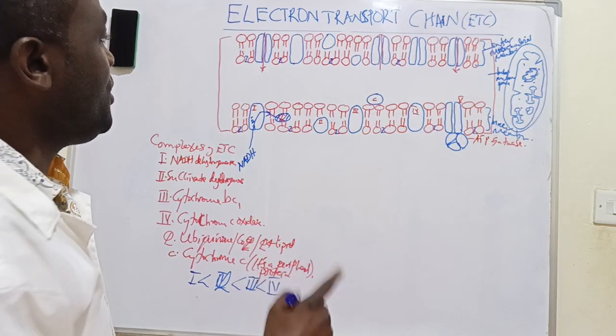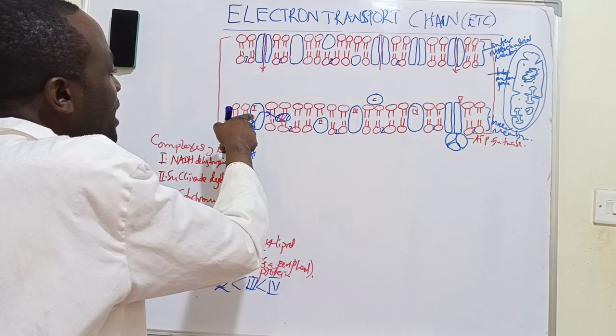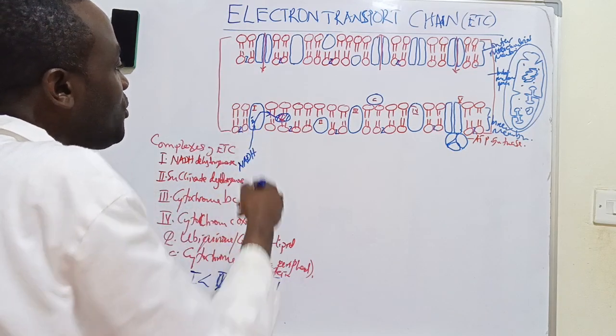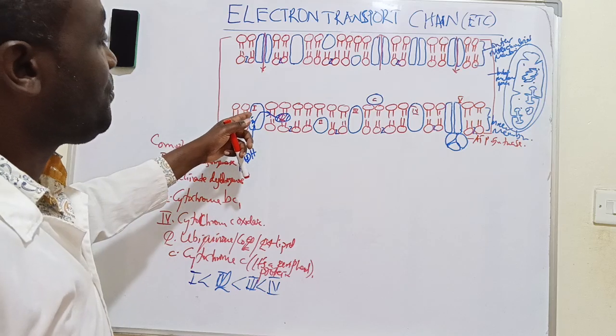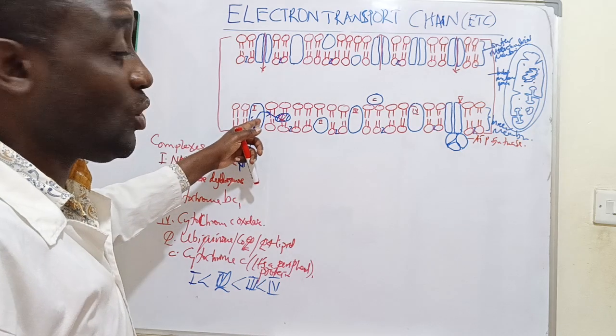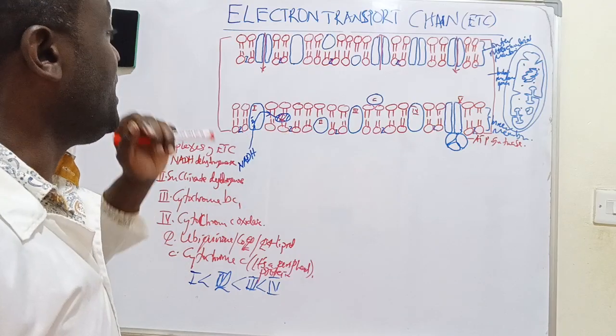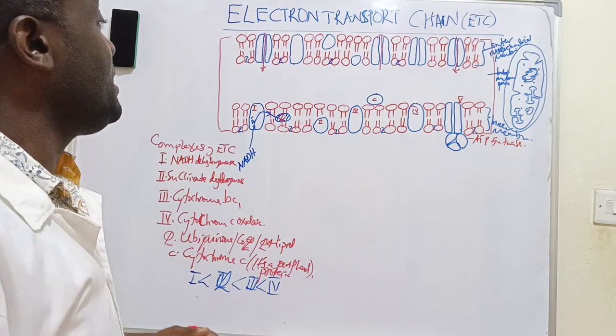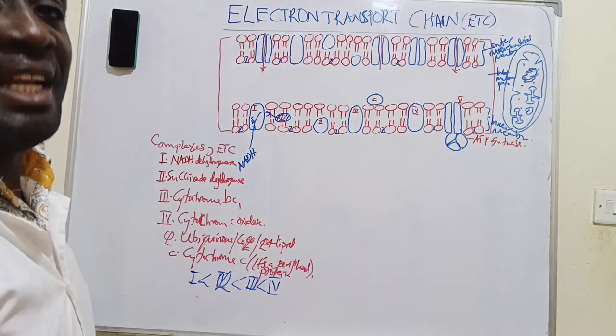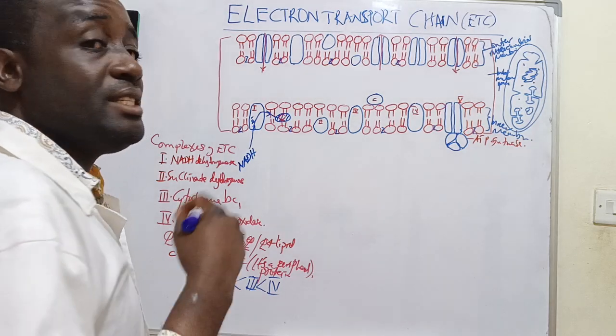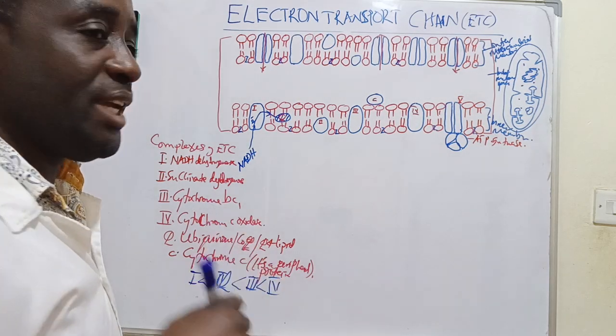Since it is moving from a complex of lower electron affinity to a substance of higher electron affinity, this electron is losing energy, and this energy is free energy.